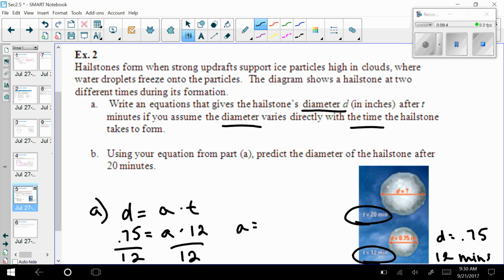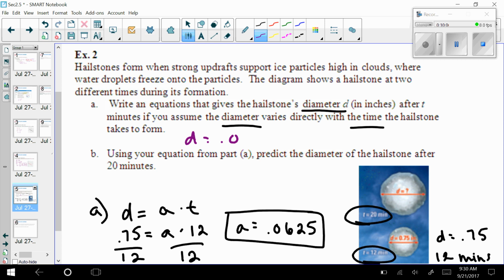And 0.75 divided by 12 is 0.0625. So that is our constant of variation. So to write a model for this, we can say D equals 0.0625T.